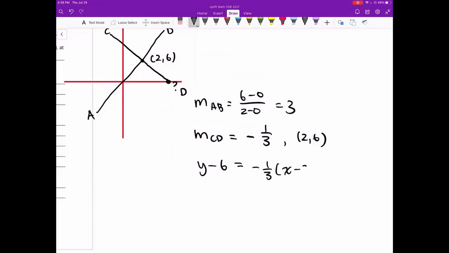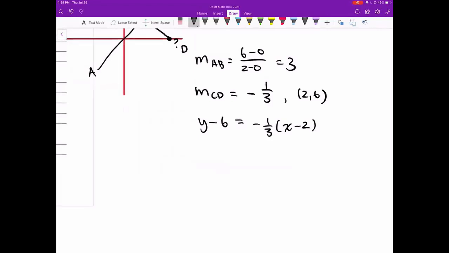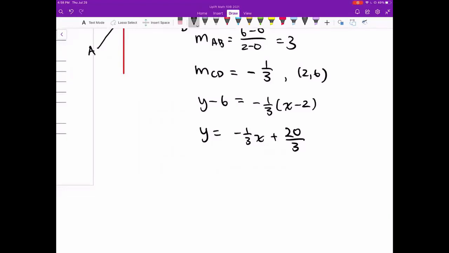Okay, yeah, y minus 6 equals -1/3 times x minus 2. So yeah, we get -1/3x plus 20/3. And then we know that for the x-intercept, the y is equal to 0. So we could just put the 0 as y, and then we can just isolate the x.